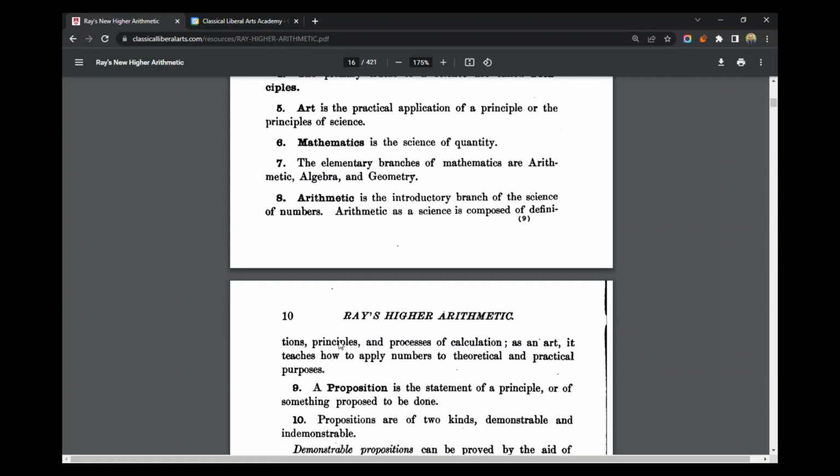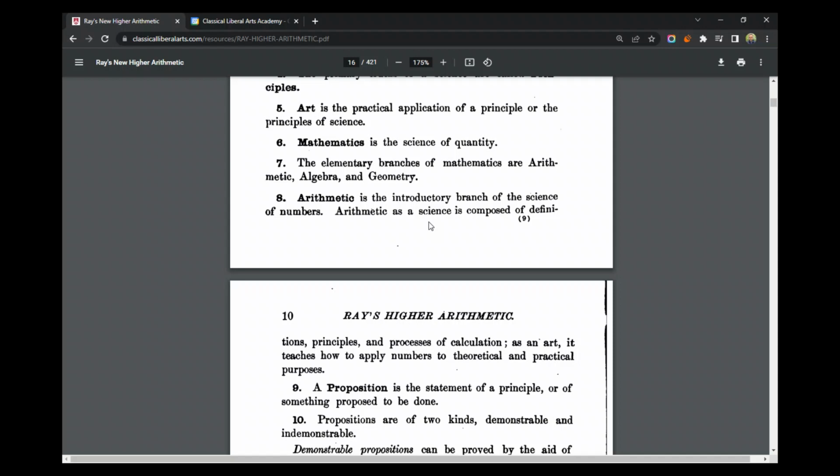Arithmetic, as a science, is composed of definitions, principles, and processes of calculation.